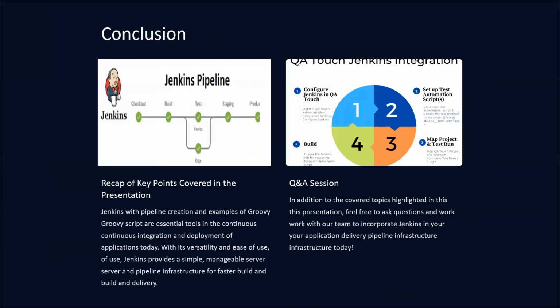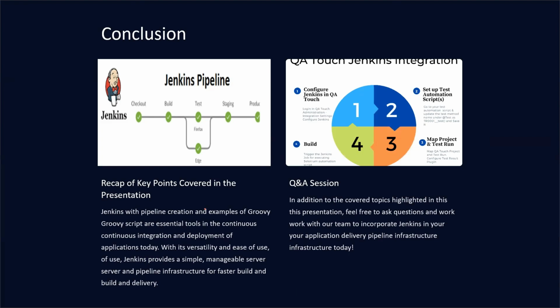So conclusion. We already understood the process of the Jenkins pipeline. So what are the points we have covered? We have covered Jenkins pipeline creation, examples of Groovy scripting, and the difference between declarative and scripted pipeline. With the versatility and ease of use, Jenkins provides a simple manageable server and pipeline infrastructure for faster build and delivery.